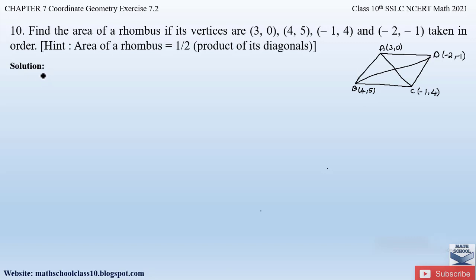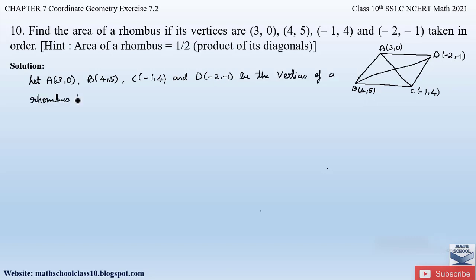Let us write down first: let point A be (3, 0), point B be (4, 5), point C be (-1, 4) and point D be (-2, -1), the vertices of a rhombus ABCD.